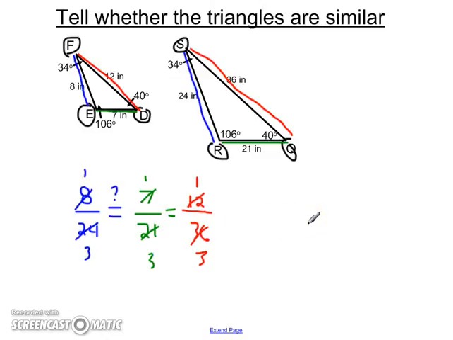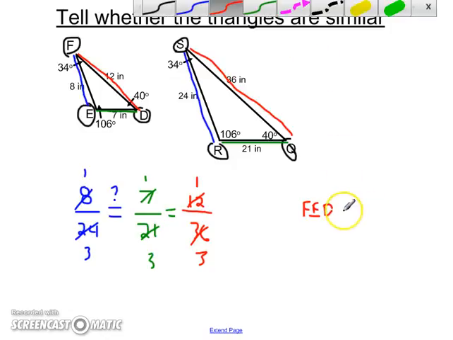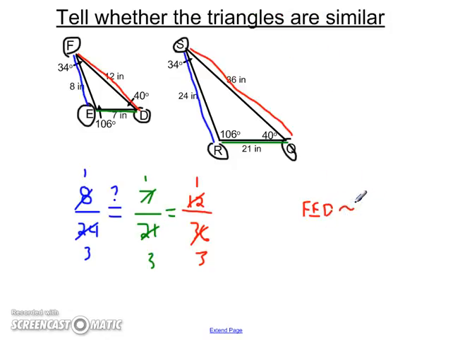So triangle FED is similar to, sorry, that's not the right one. Let's do the right one. Similar to, and if I went FED, I have to actually go SRQ. I've got to keep the corresponding angle letters.